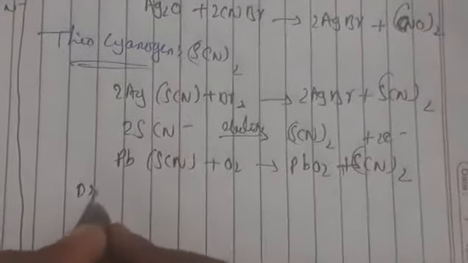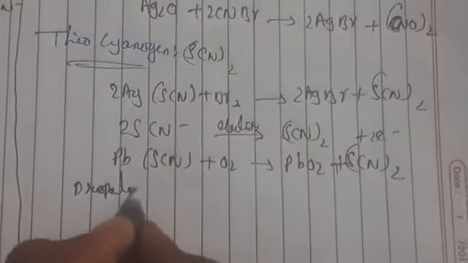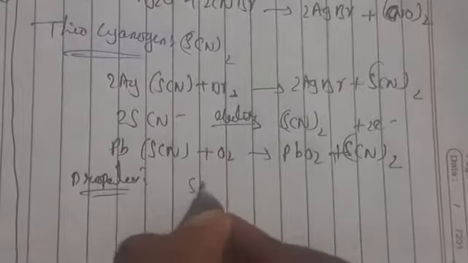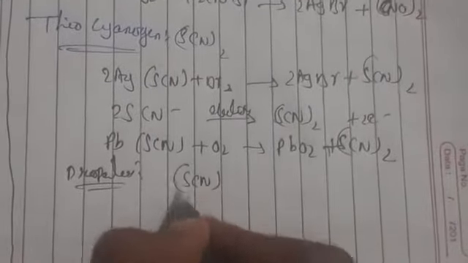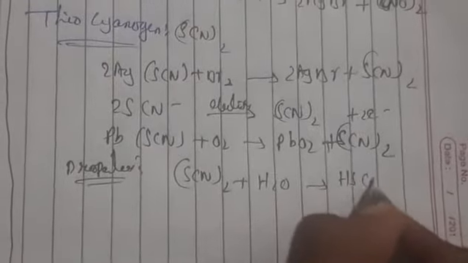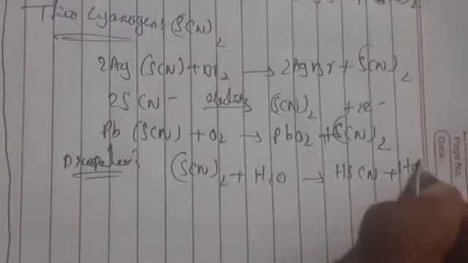So coming to properties, (SCN)2 plus H2O will give HSCN plus HOSCN, a mixture of thiocyanic and hydrocyanic acids. This one, thiocyanic and hydrocyanic acids, we are going to form here when you decompose in water.